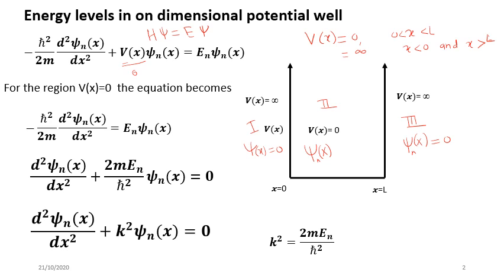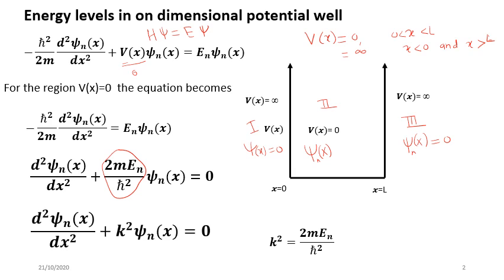To convert it into the known form, we take the minus h cross square upon 2m to the right hand side, and the whole term on the left hand side, so the minus becomes plus: d square psi upon dx square plus 2mE upon h cross square into psi of x is equal to 0. We assume that 2mE upon h cross square is k square.